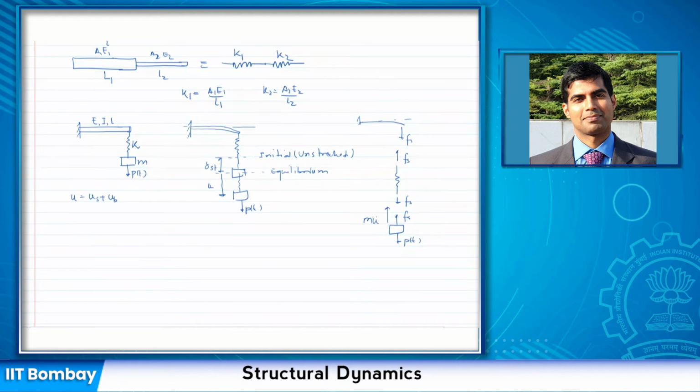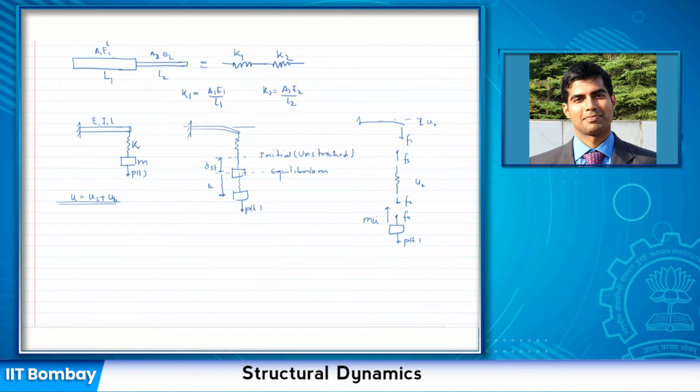So one equation that I could write, if I consider the deformation from the equilibrium position: let us say the spring is deformed by Us from the equilibrium position, and the beam has deformed from the equilibrium position by Ub. So this is the relationship I'm considering.